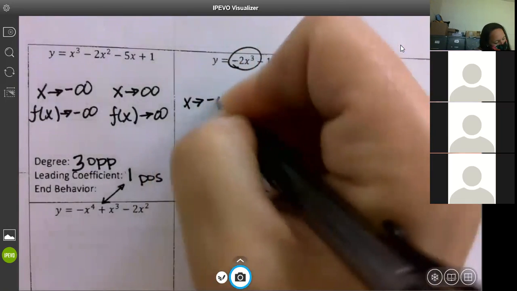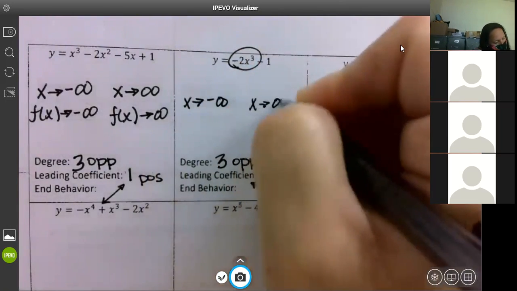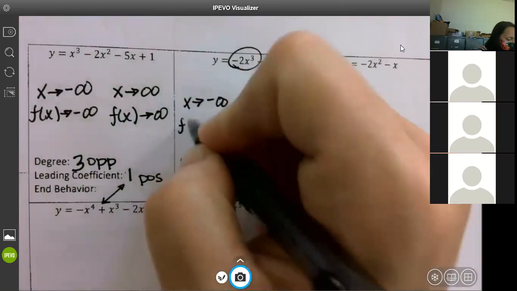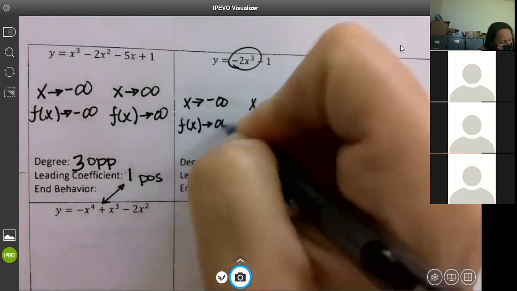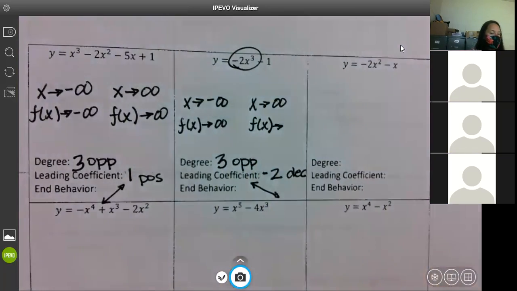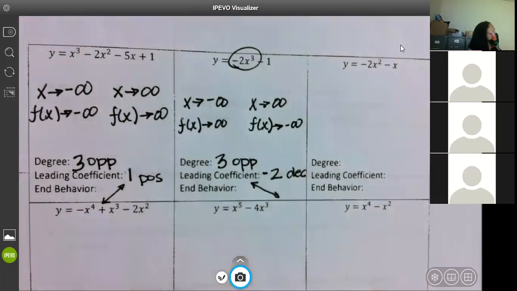So when we write our left and our right, on the left, this graph is pointing up, so it's going to be what? On the right, it is pointing down, which means negative. So you don't have to graph them. It makes it a little bit faster if you'll remember that chart, okay? And we're going to do a bunch of them, 12 of them, so we'll be good.